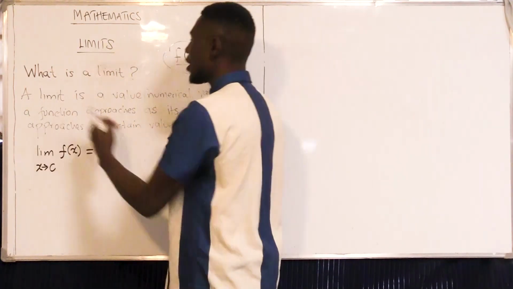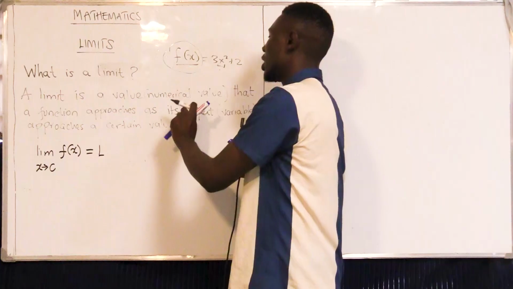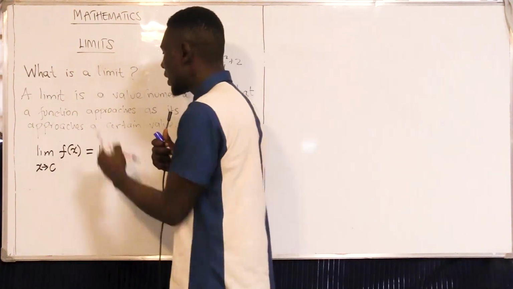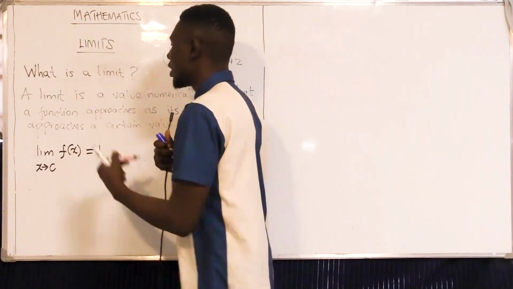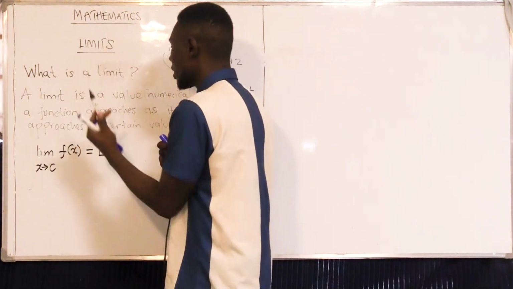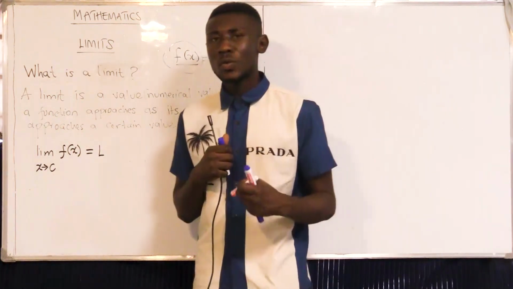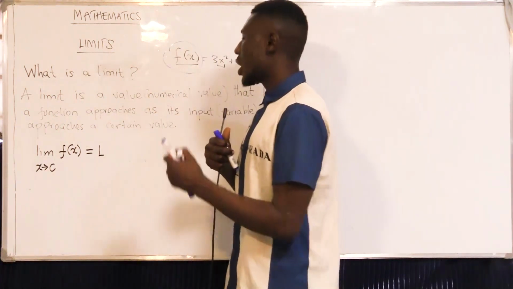So what we have is simply a notation of this definition: f of x is approaching a certain value, which is L, and this L being approached by f of x because of x approaching c is what we define as our limit.